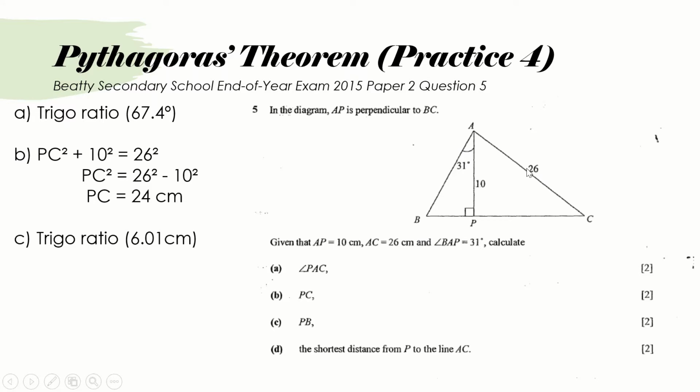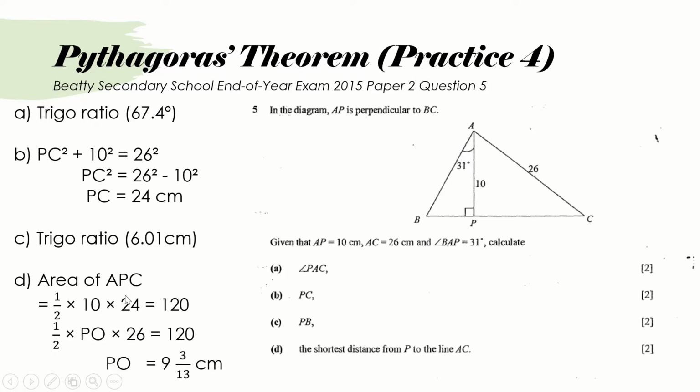So first you got to find the area of APC. Because you know PC is 24, the area will be half times 10 times 24, and this equals 120 square centimeters. Once you know the area of triangle APC, now you use AC as the base, then PO, the shortest distance, will be the height.